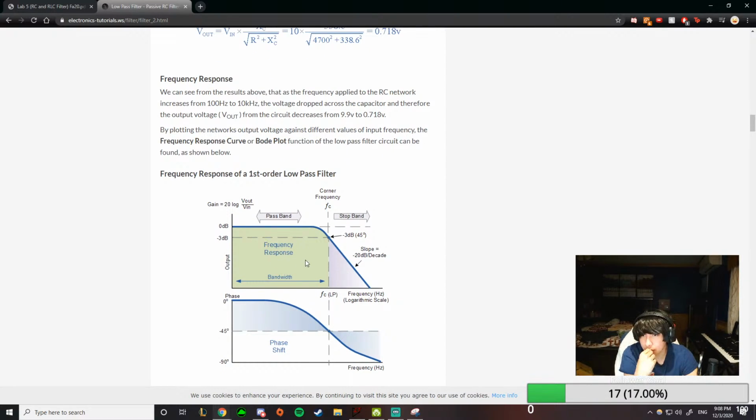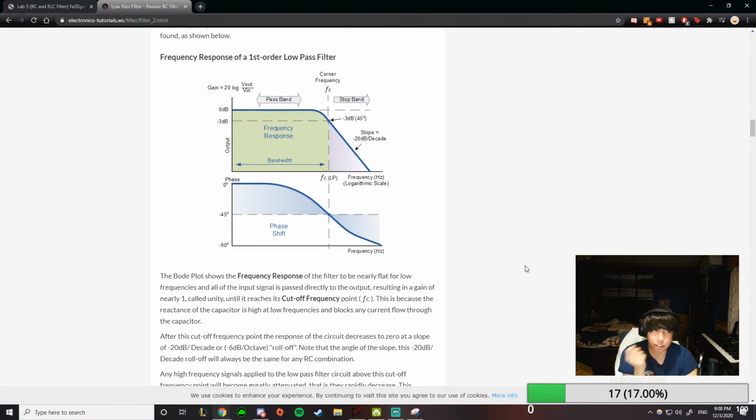Oh, these graphs are very useful. I seriously don't understand. Oh, is this the phase? So then you'll convert it?